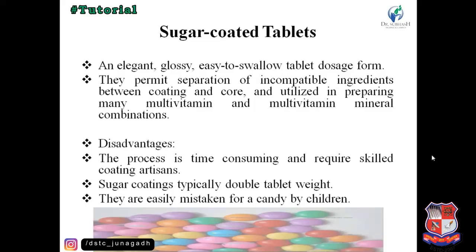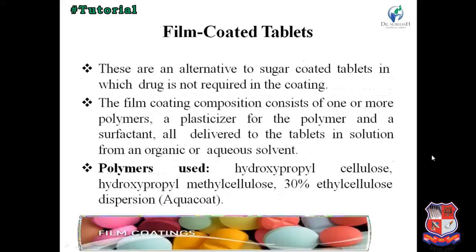Disadvantage of sugar coated tablets is that the process is time consuming and requires a skilled person for the coating process. Sugar coating typically doubles tablet weight gain, so the major problem is weight gain. They are easily mistaken for candy by children or infants.